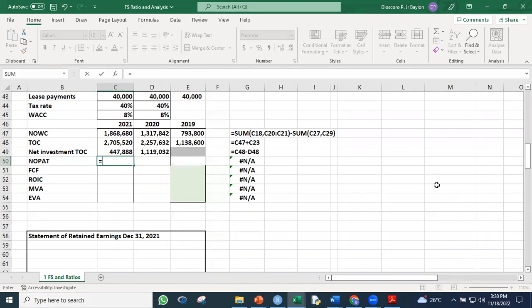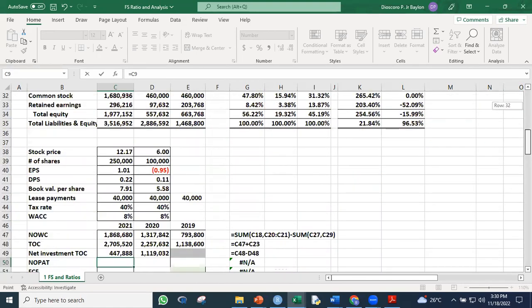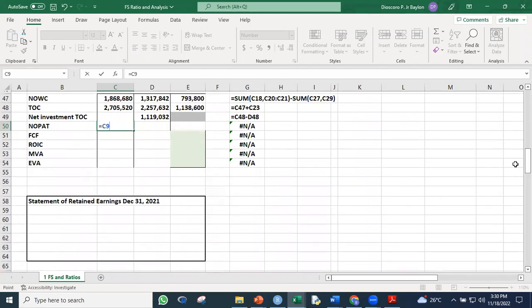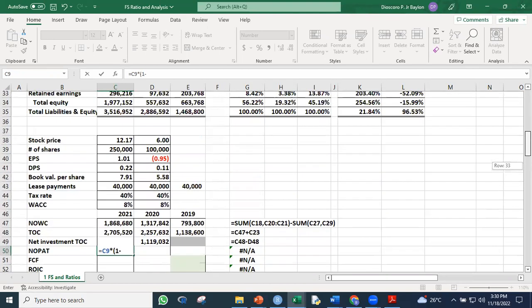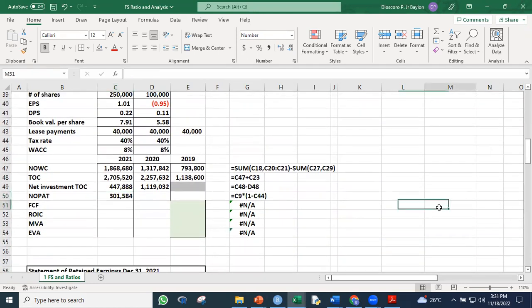It's equal to your EBIT, di ba, your earnings before interest and taxes, multiplied by 1 minus the tax rate, which is 40% in this problem. Okay, so that's our net operating profit after tax. And then we can copy this to the right.